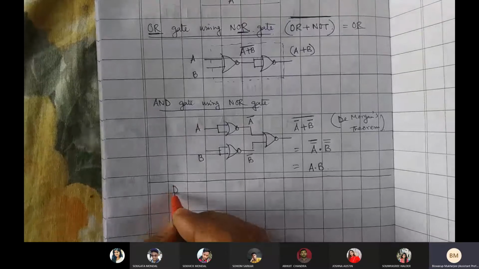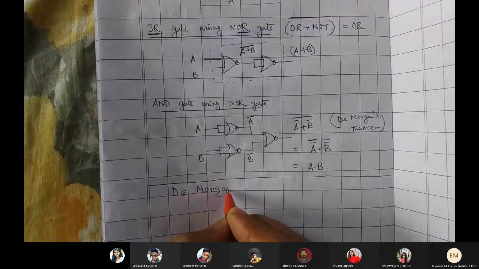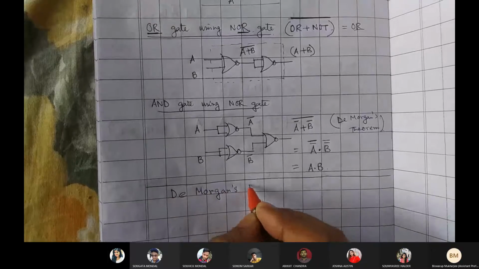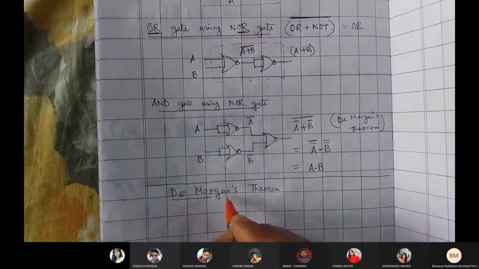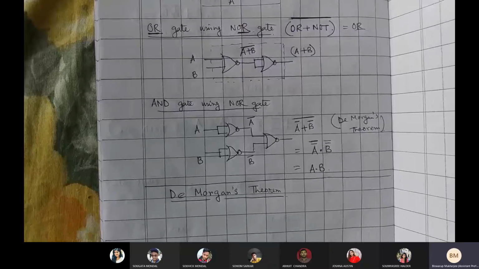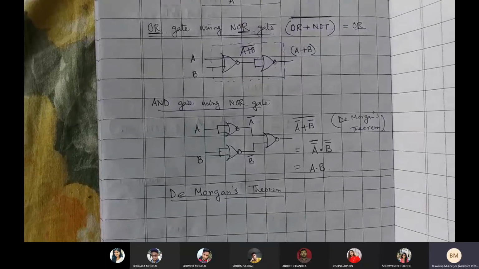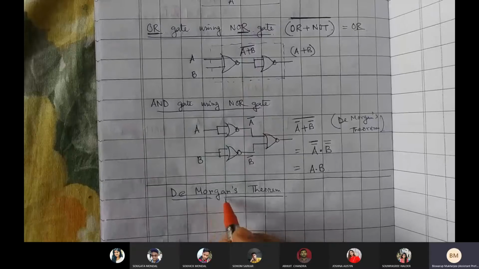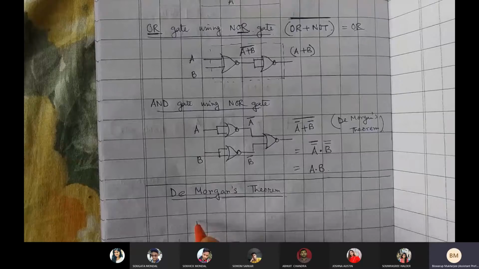So now the point is De Morgan's theorem. There are two statements generally available for De Morgan's theorem. I am writing down the expressions first, then I'll discuss the statements.